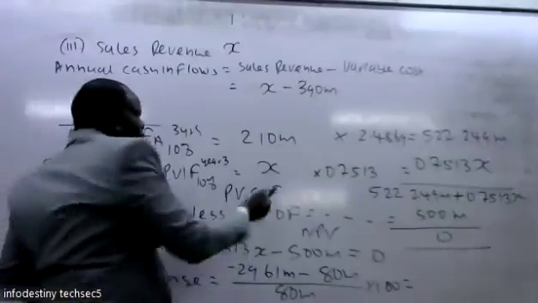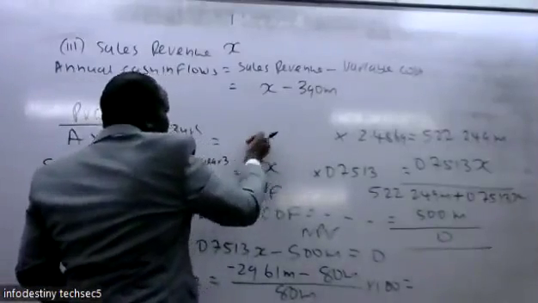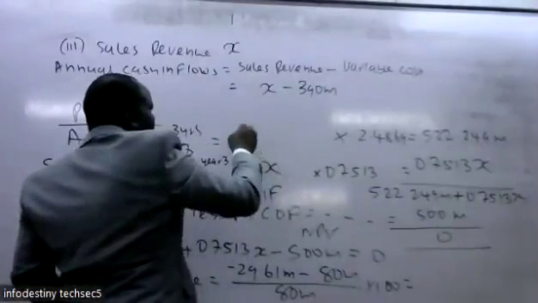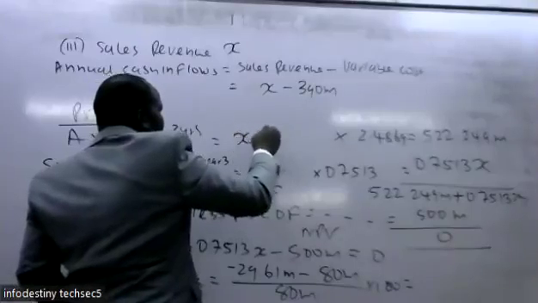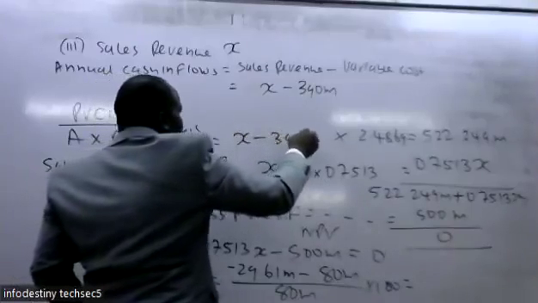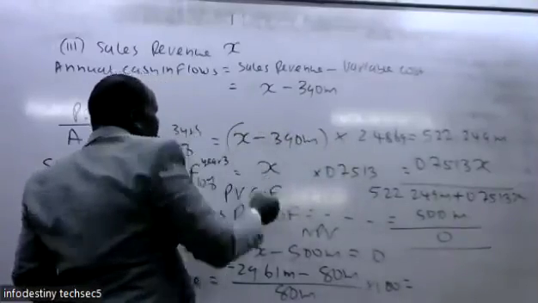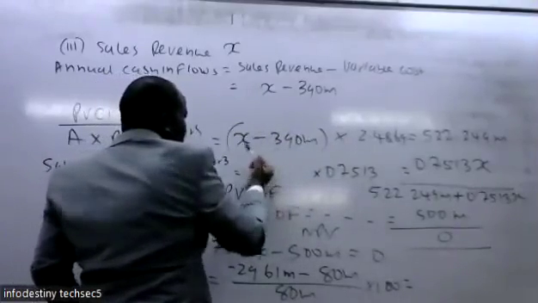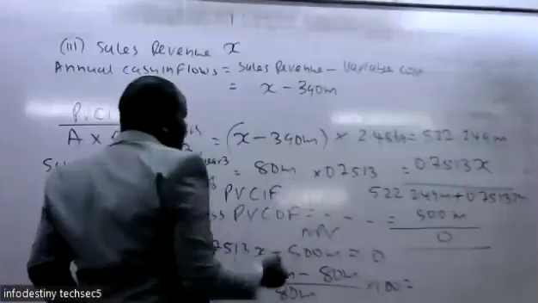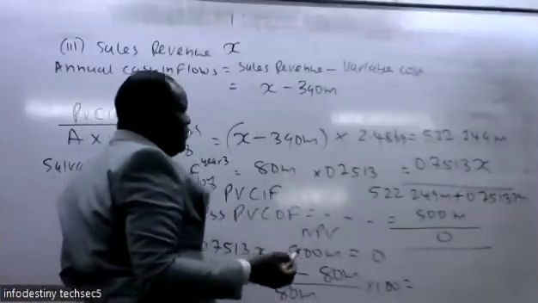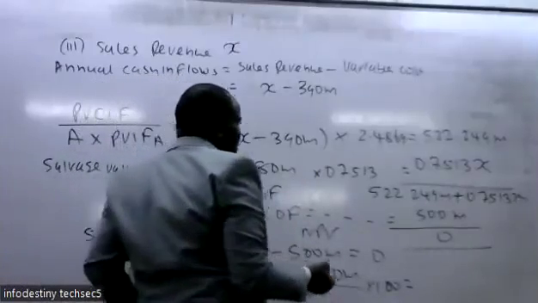So it will have an effect only at this point, whereby it will be X minus 390 million. But this one goes back to 80 million.